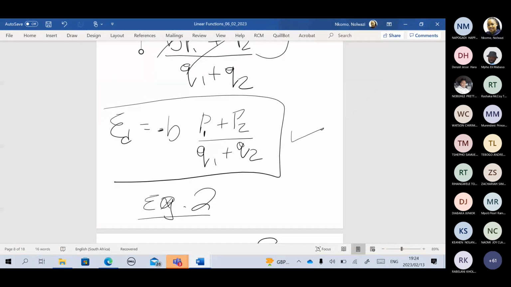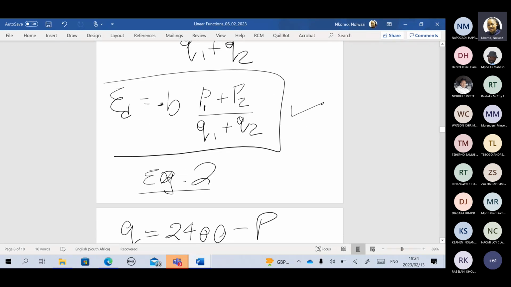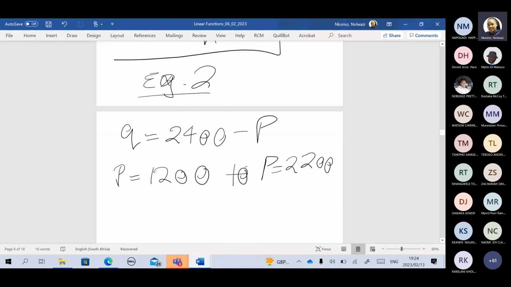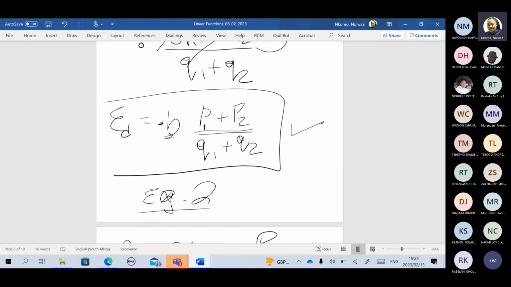Remember, this uses the average, meaning we need 2 or more points. In this case, we have P1 and P2, and we have minus B from this equation. To use this formula, we need Q1 and Q2.